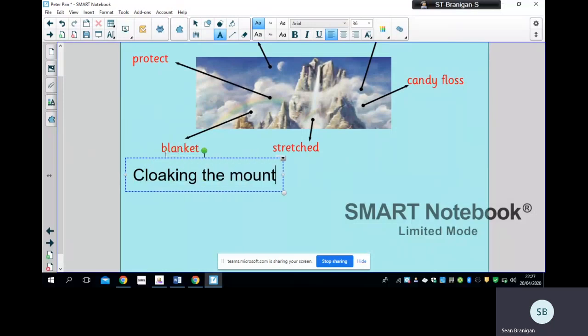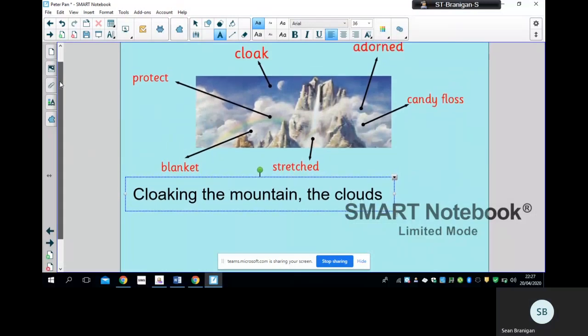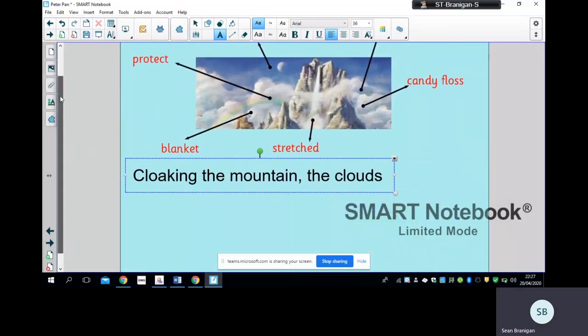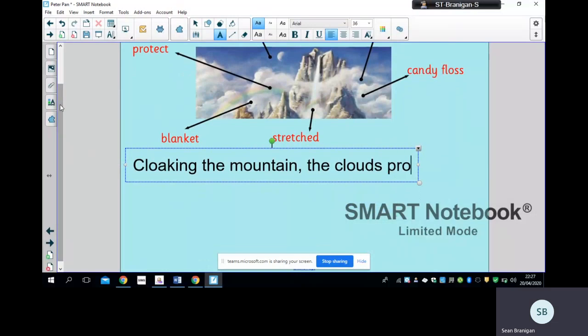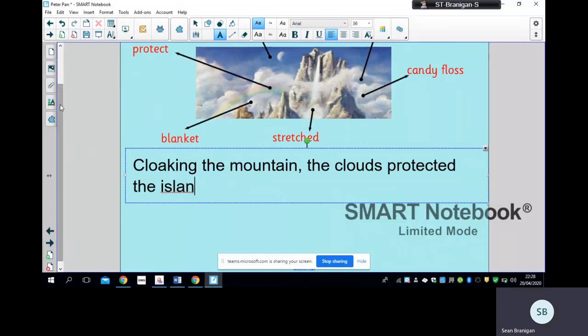Clouds. The clouds protect you. Cloaking the mountain. The clouds protected the island.